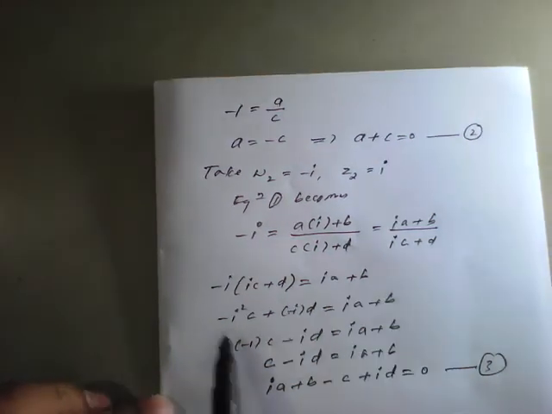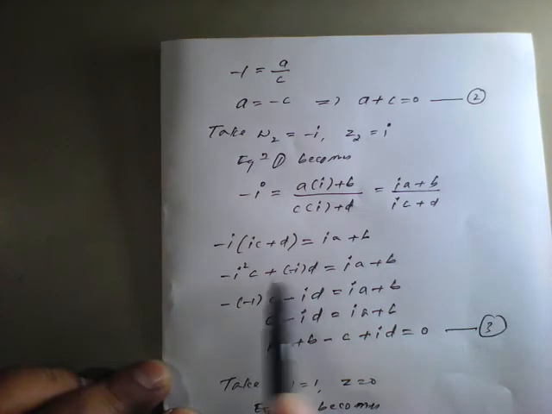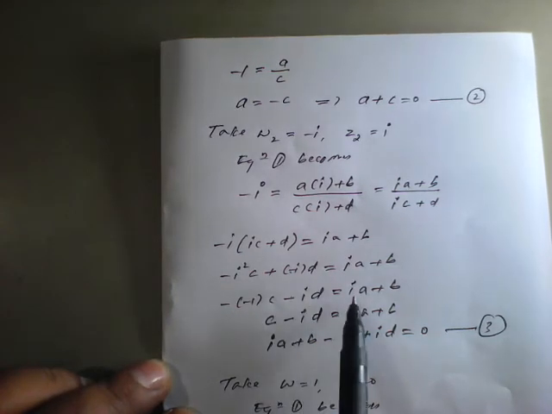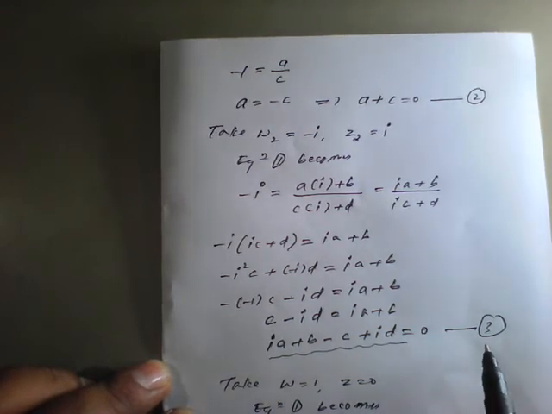Minus i into ic is minus i squared into c, and minus i times d stays as it is. Since i squared is minus 1, it becomes plus c, minus id, equal to ia plus b. After all this simplification we get equation number 3.